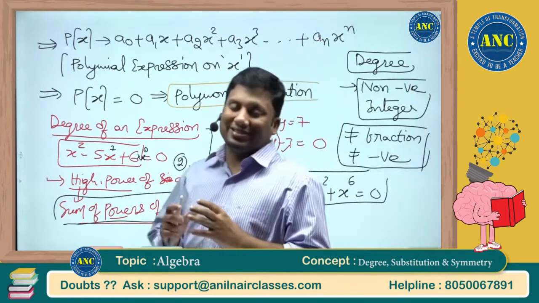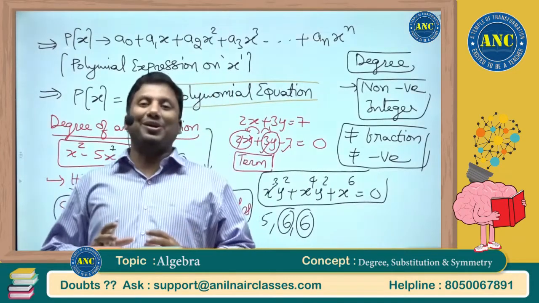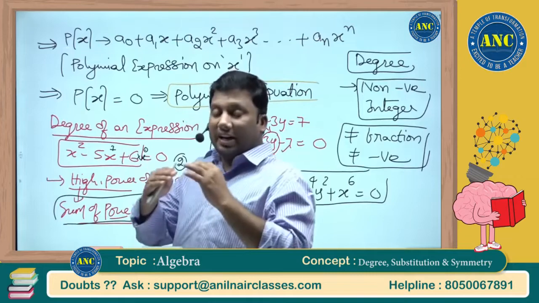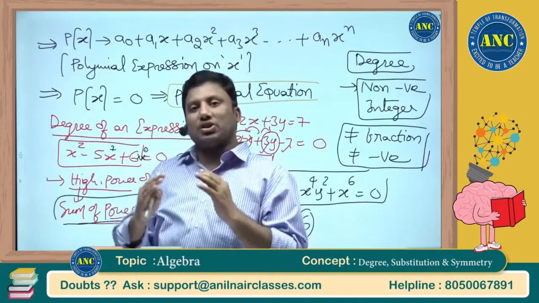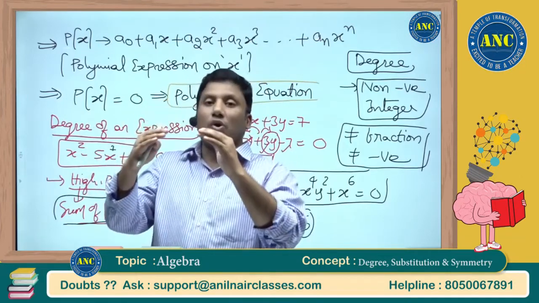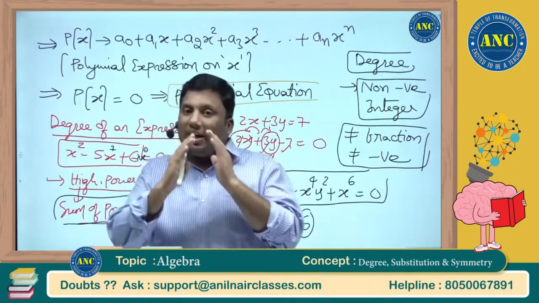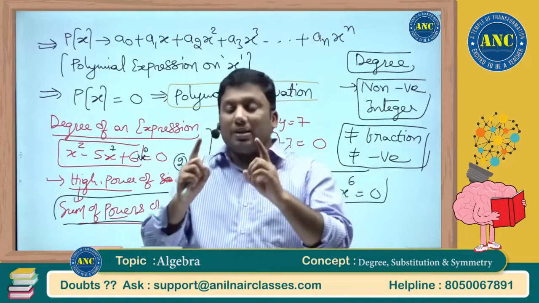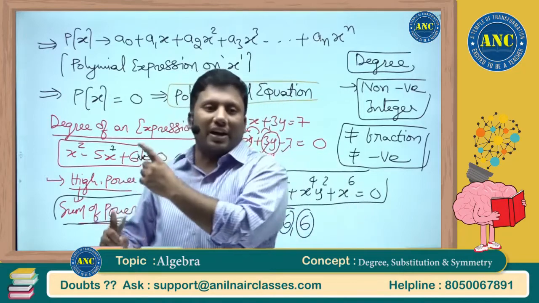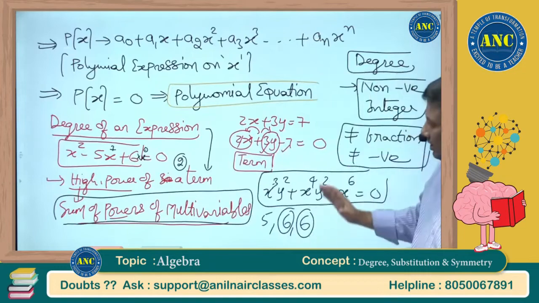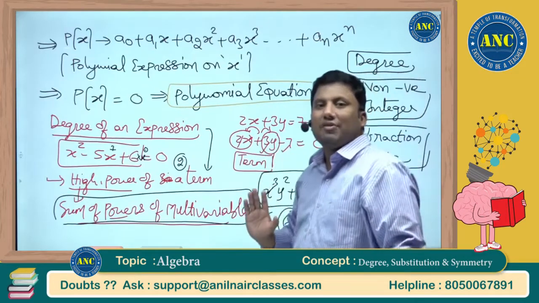Degree will tell us the maximum number of solutions that can satisfy that equation. If the degree is 2, it can have 2 roots, or 1 root, or 0 roots. Degree will tell us the maximum number of roots for an equation.